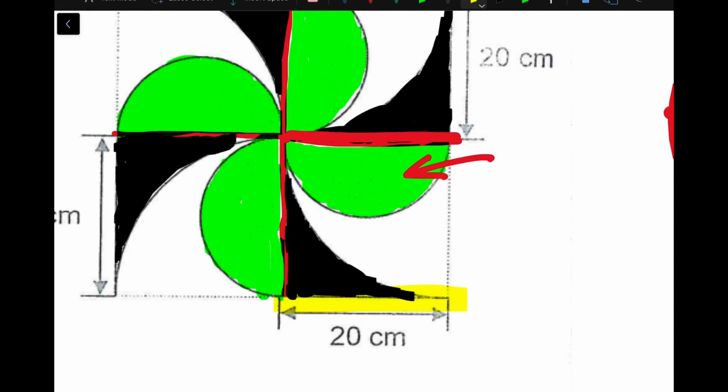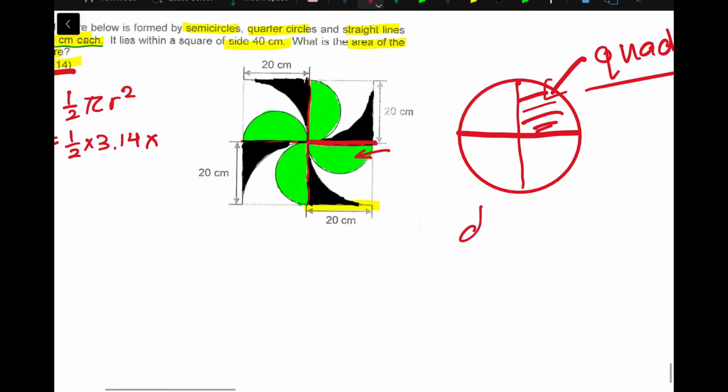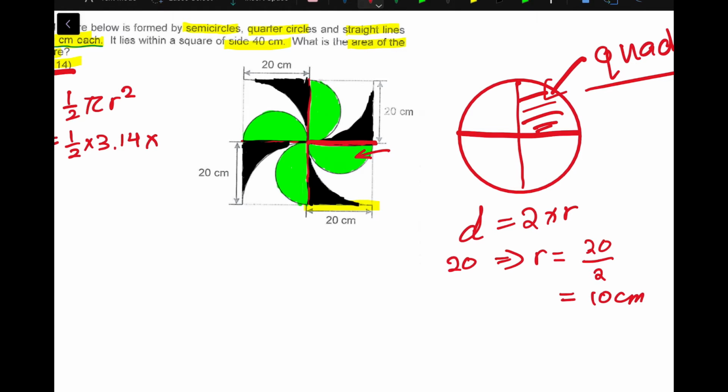For any circle the diameter is 2 times its radius, which means that the radius would be 20 centimeters divided by 2, which gives us 10 centimeters.